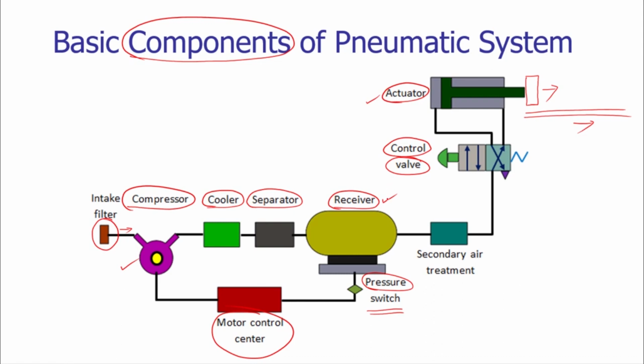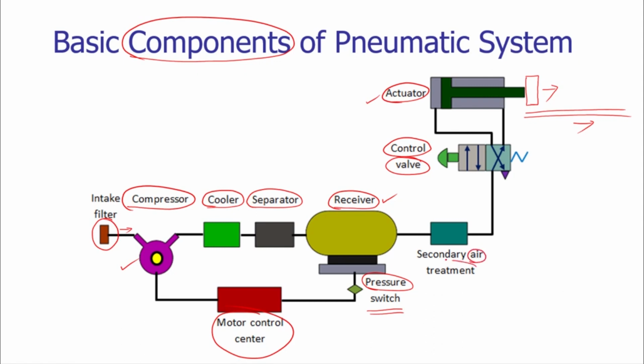The compressed air is operating a variety of mechanical elements. These mechanical elements are working at a very high speed, and there may be friction of the various sliding elements of these devices. So to lubricate or to reduce the friction between the sliding elements of the mechanical devices, we need to treat the air.